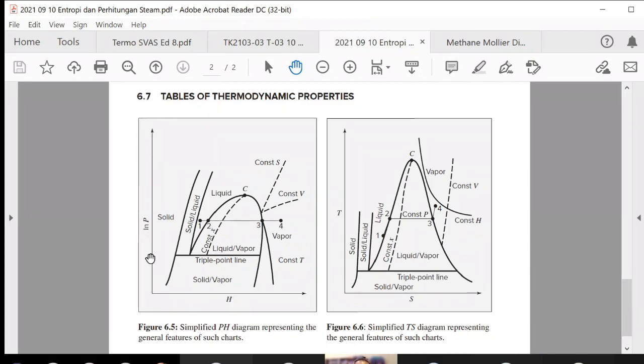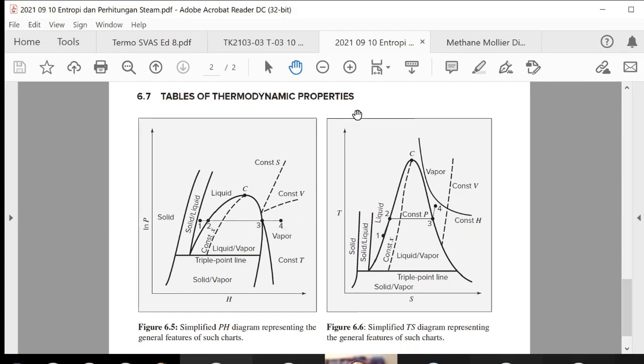So the y-axis is pressure, but it is in logarithmic scale, and the x-axis is enthalpy. It is in linear scale. And then there is a dome over here. Follow the numbers: we have number 1, number 2, number 3, number 4.